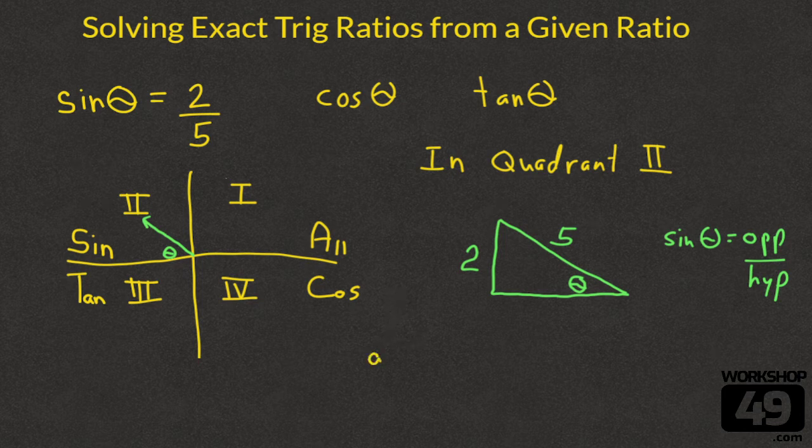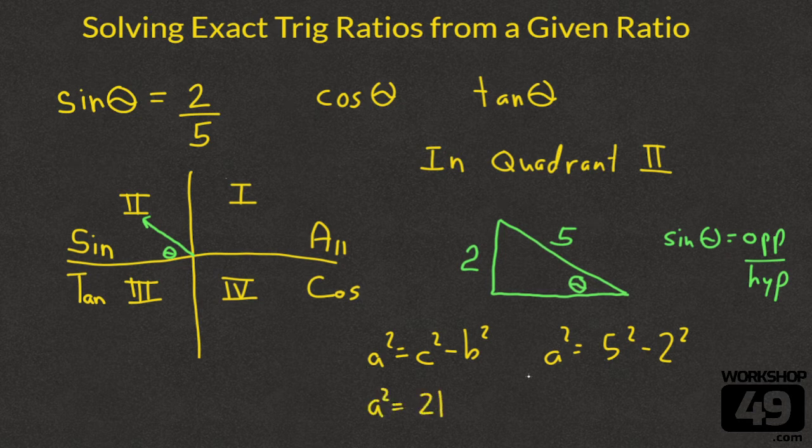So we can say a squared equals c squared minus b squared. A squared equals 5 squared minus 2 squared, and I believe that you can all solve this one fairly easily. We'll get a squared equals 21, and a equals the root of 21. Is this radical reducible? Does it contain a perfect square? It does not. So we can just leave this as root 21.